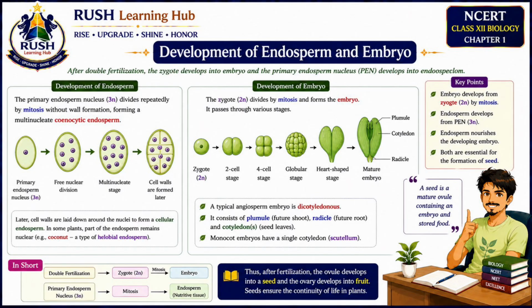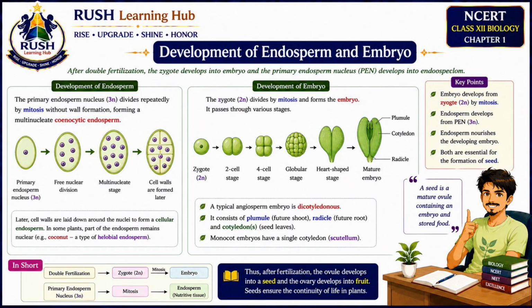At the same time, the zygote formed by syngamy develops into the embryo. The zygote undergoes repeated mitotic divisions and passes through different developmental stages such as the proembryo, globular stage, and mature embryo. A typical dicot embryo consists of an embryonal axis and two cotyledons.